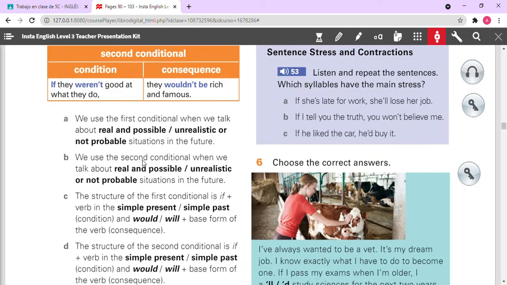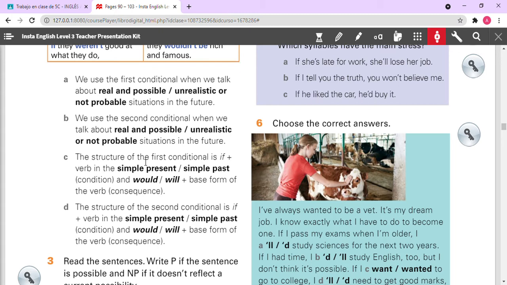Here are the rules. For example, pay attention, we use the first conditional when we talk about real and possible situations in the future. Something I forgot, in the future, okay?